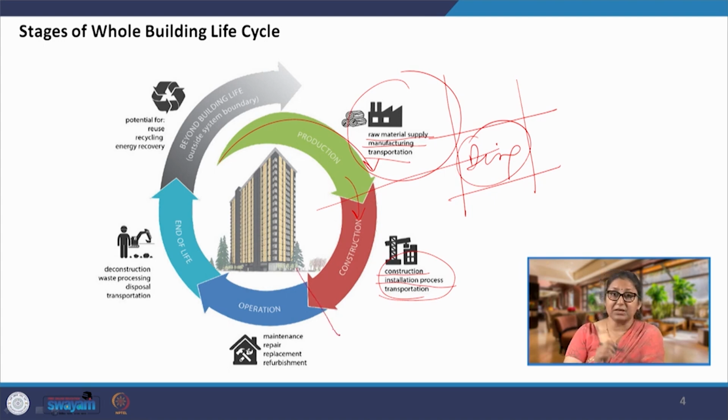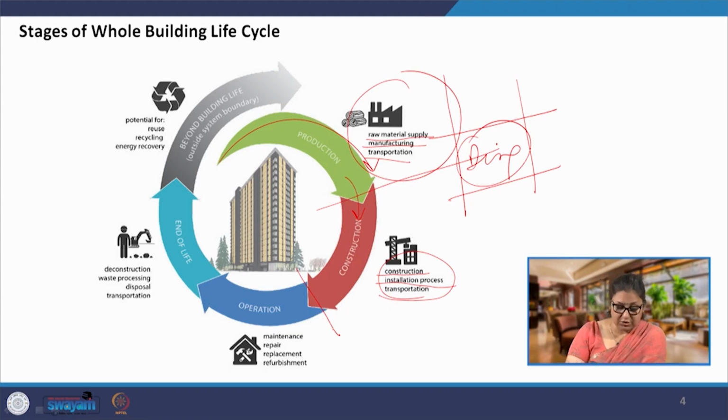Once it has been constructed, it is handed over to the user to operate. So, we have operations. Largely the scope 2 emissions coming from the building life cycle are coming through the operations, the use of the building. So, most of the electricity is going to be consumed during the operations, and which is going to give us the scope 2 emissions.